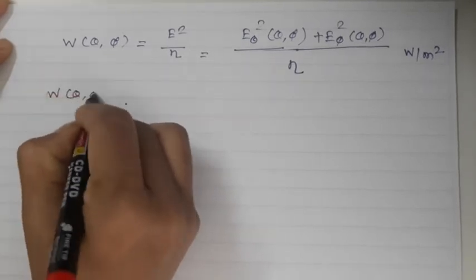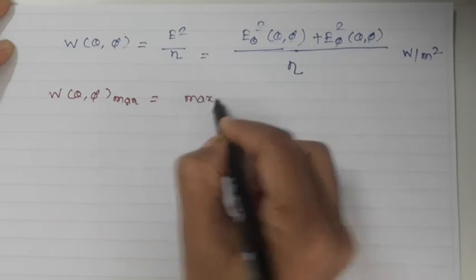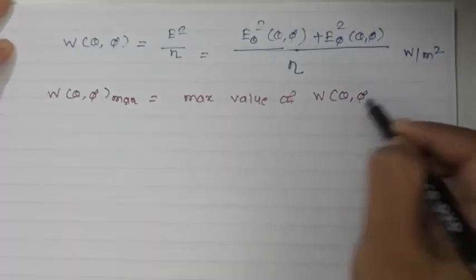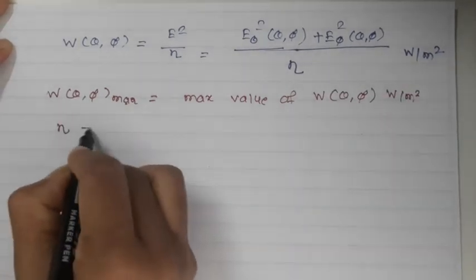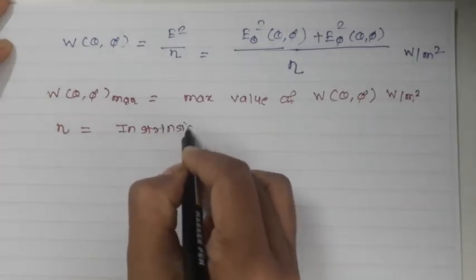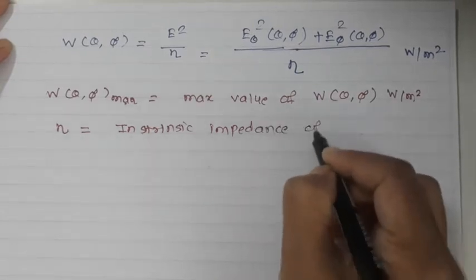Now here W (theta, phi) max is the maximum value of W (theta, phi) in watts per meter square, and eta is the intrinsic impedance of free space.